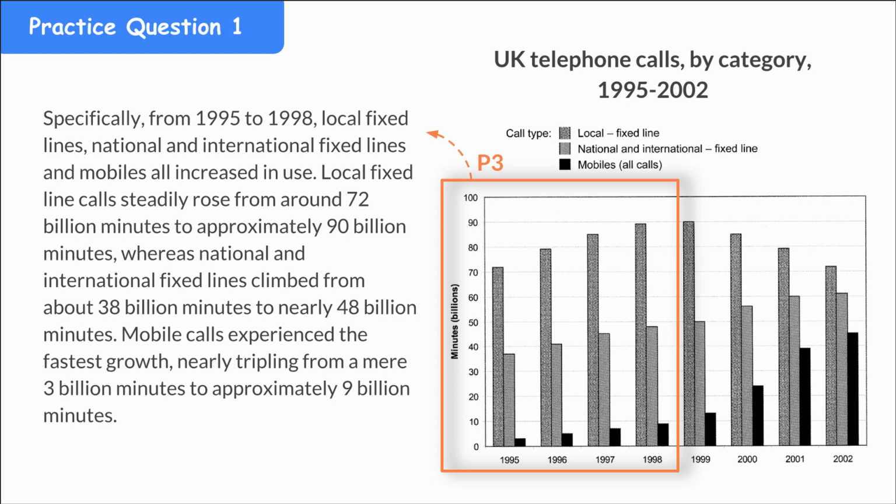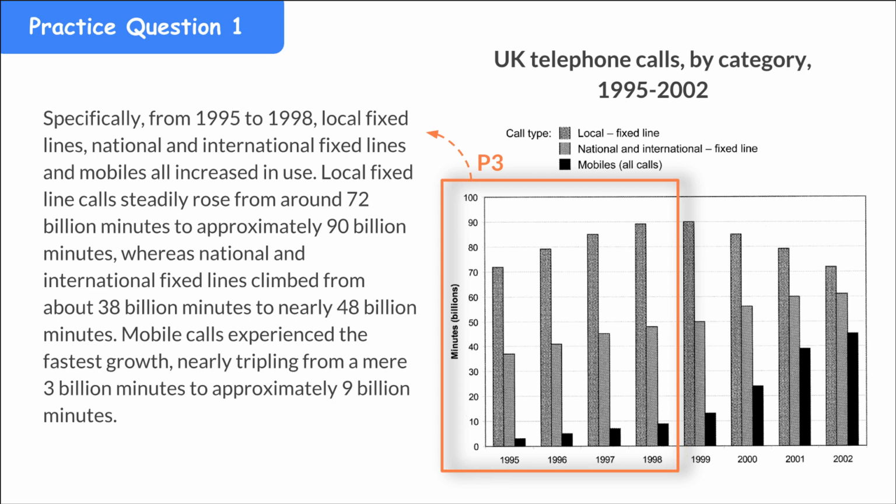So for that reason, I've only talked about the data points from the years 1995 and 1998. And by talking about the data points for these 2 years, I've also described the trend of the graphs. I've said that all the different call types experienced growth over the years 1995 to 1998.